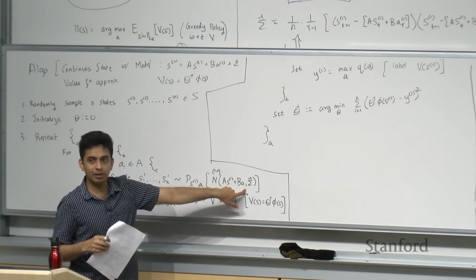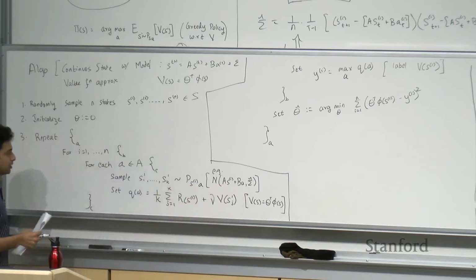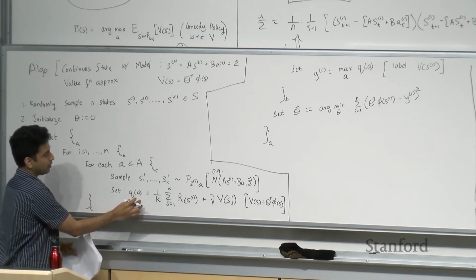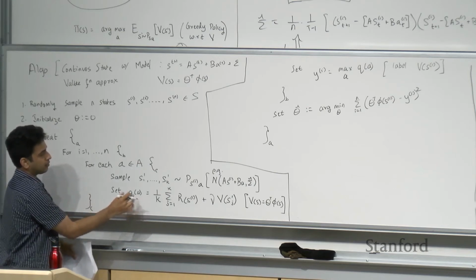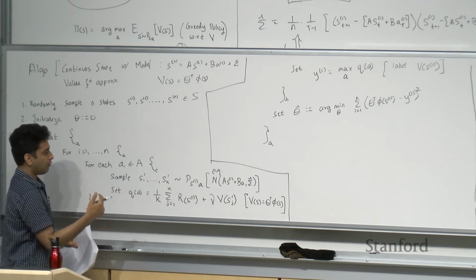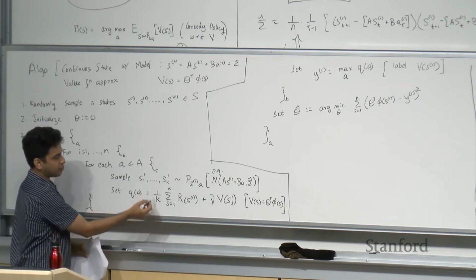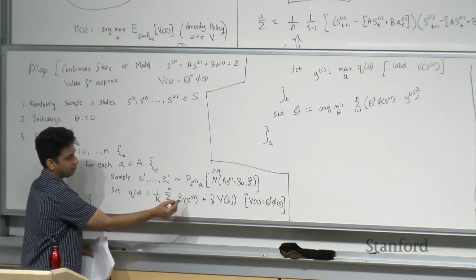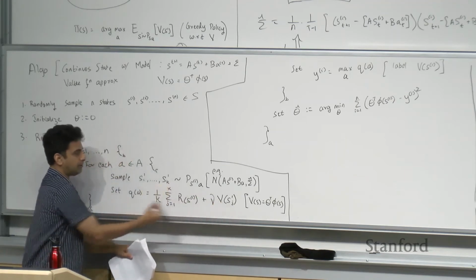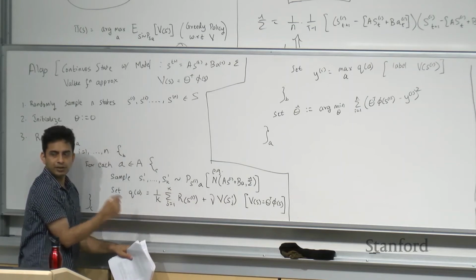It could be a linear dynamical system, it could be anything more complex. And then we're going to define this quantity Q(a) as the expected value of taking that action from that state. So Q(a) is the average of R(s_i) plus gamma V of the next state, averaged across all the j's, right? Does this make sense?